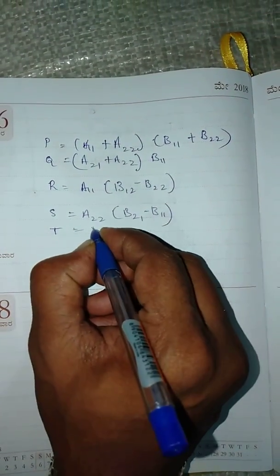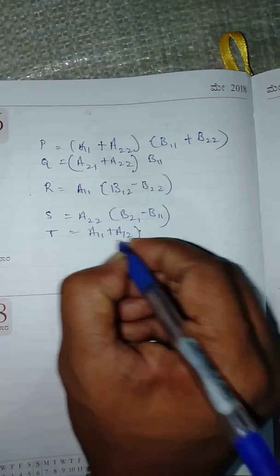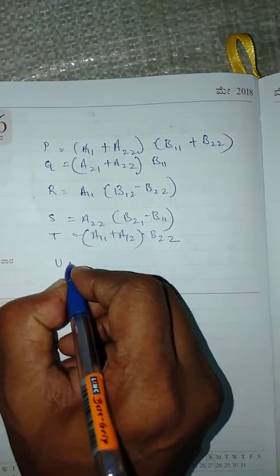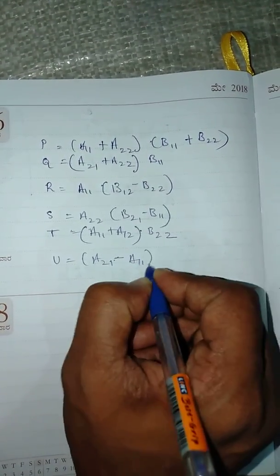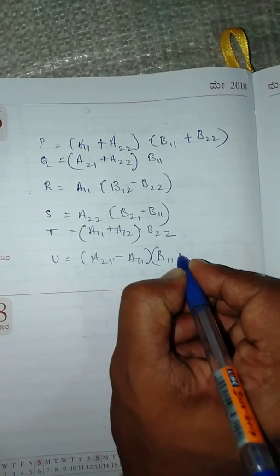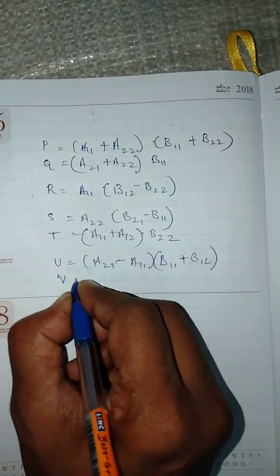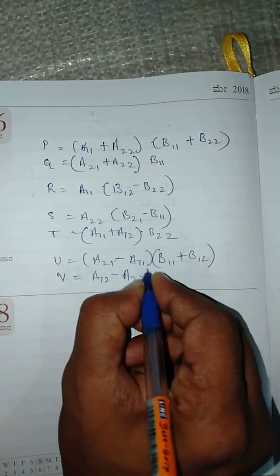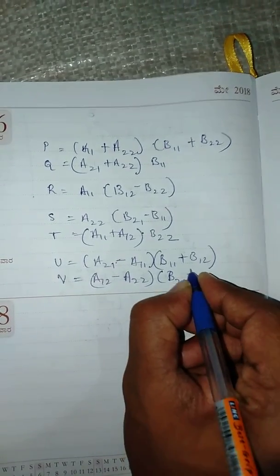T is equal to (A11 plus A12) into B22. U is equal to (A21 minus A11) into (B11 plus B12). V is equal to (A12 minus A22) into (B21 plus B22).